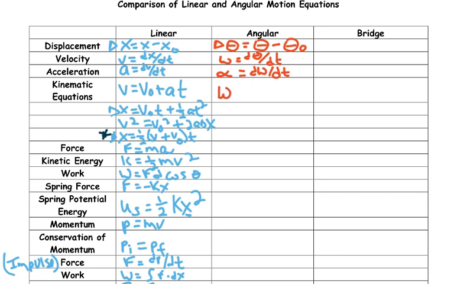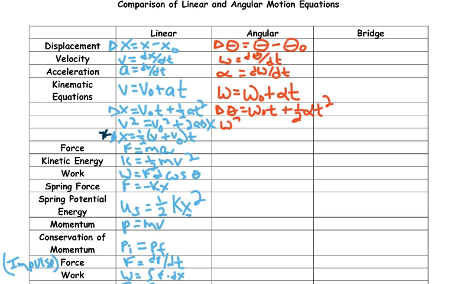So angular velocity at any point is equal to the initial angular velocity plus the angular acceleration times time. The angular displacement is equal to the initial angular velocity times time plus 1/2 the angular acceleration times time squared.